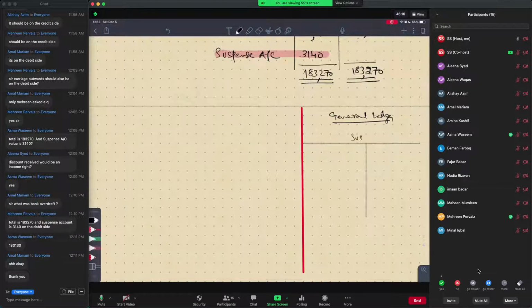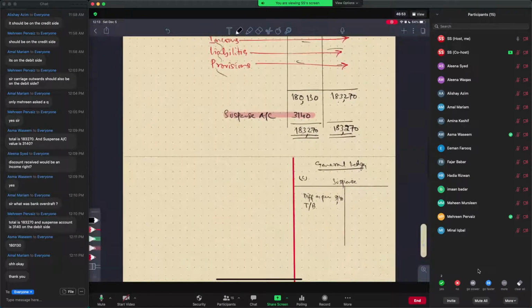So this suspense account will be created, and this value 3140 is going to be transferred on the debit side, since the suspense account represents that debit entries were less than the credit entries. So you create an artificial debit entry for the difference as per the trial balance, and 3140 you will insert here. This is in fact part C. In part C, they have asked you for the suspense account as well. So I am just telling you things in order at this time. This is your part A, this is your part C.